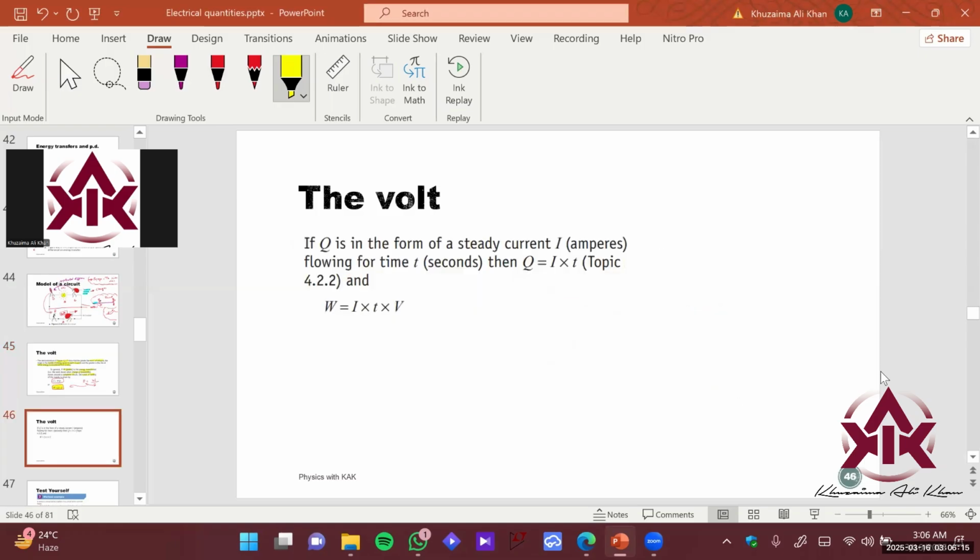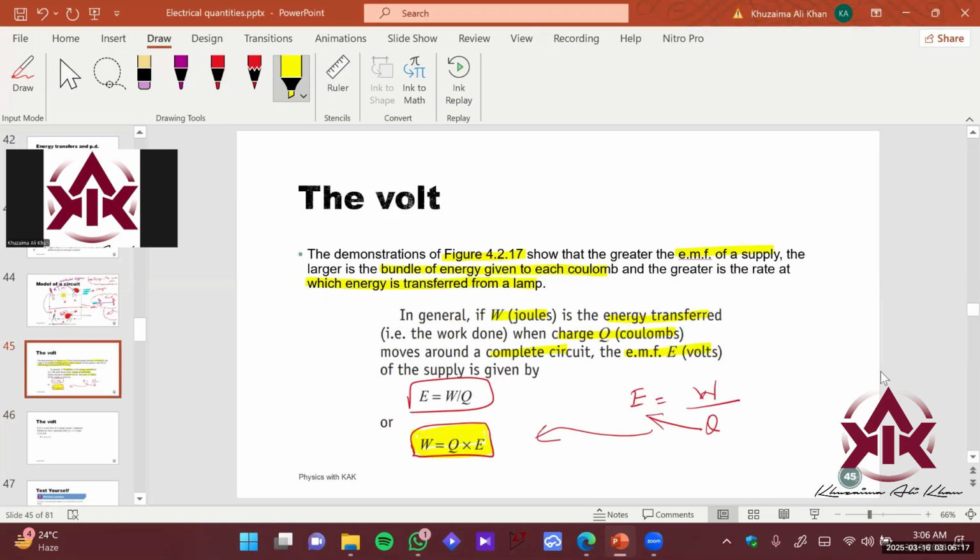Now we have the SI units. First of all, let's talk about the SI units. The SI unit for charge is coulomb, and for energy it is joule, right? So what is going to be the work done unit over here?